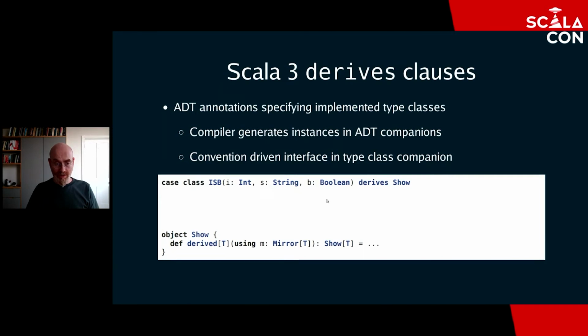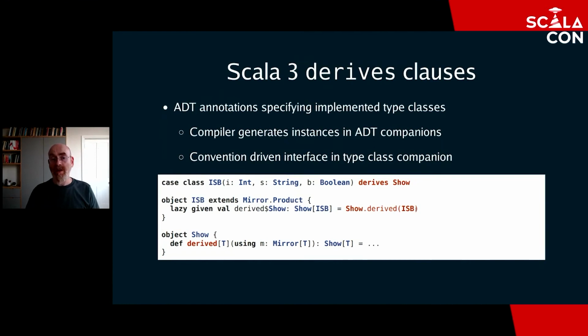So what's going to happen is that the compiler will generate in the companion object for ISB a hidden lazy implicit value defining the instance of Show for ISB, and it will produce that value by calling the derived method on the Show type class companion object, providing the mirror for the case class as an argument.